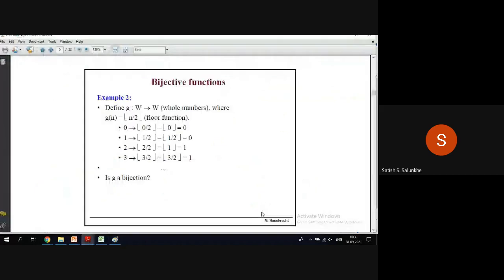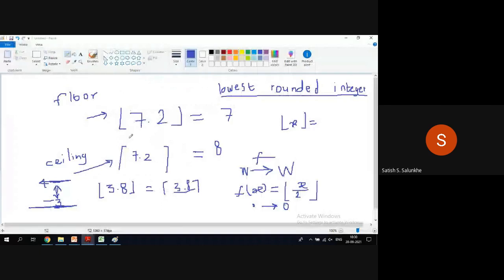Similarly, if I substitute 1 here, 1 divided by 2 is 0.5, then if I take the floor, 1 is mapped to 0. Similarly, 2 is mapped to whom now?